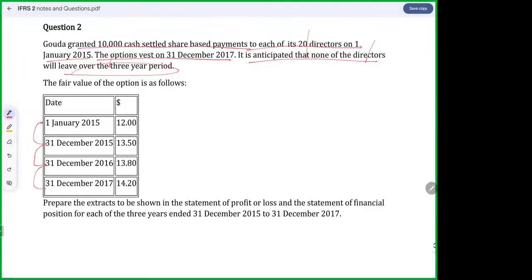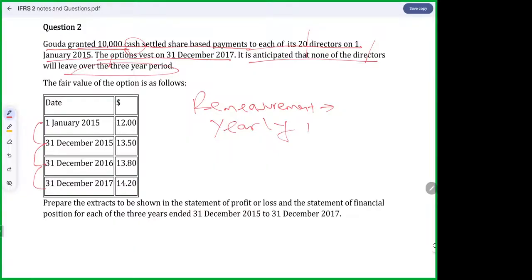So I have to understand what IFRS 2 part I am working with here. You can see Gouda has granted 10,000 cash settled, meaning that remeasurement will be on a yearly basis.